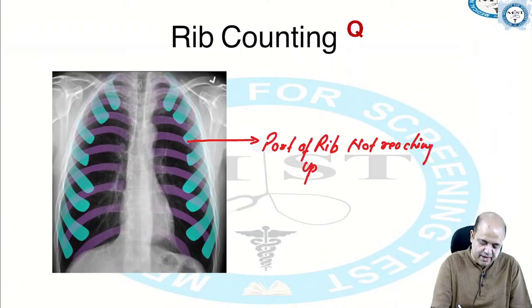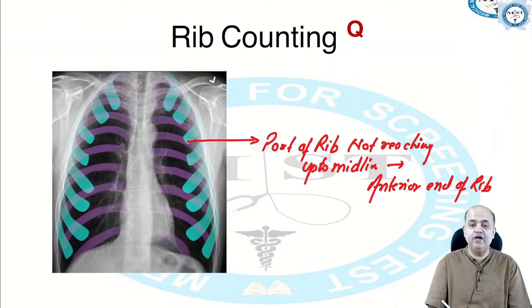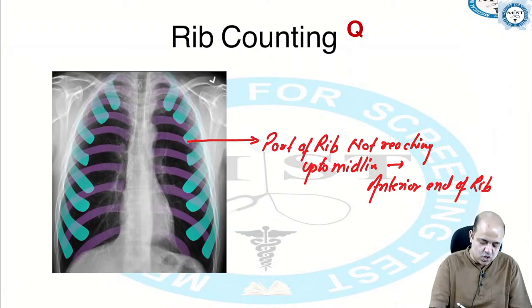This is the anterior end of the rib, because the anterior end of the rib is connected to the sternum through the costal cartilage, and costal cartilage is not well seen.